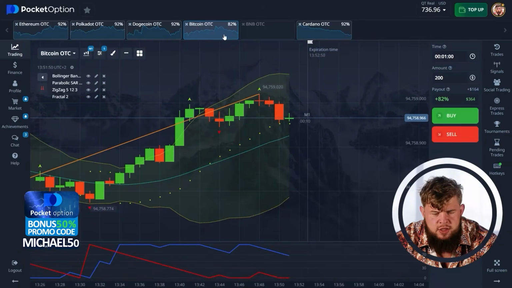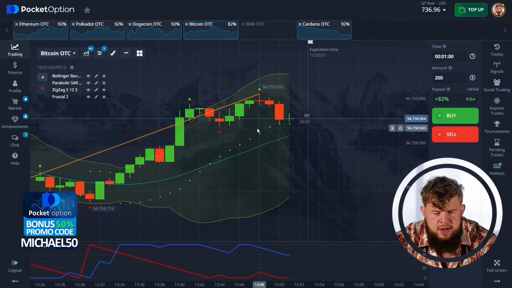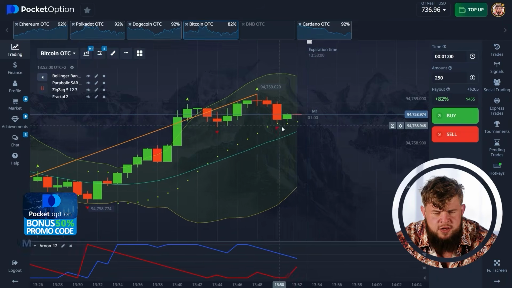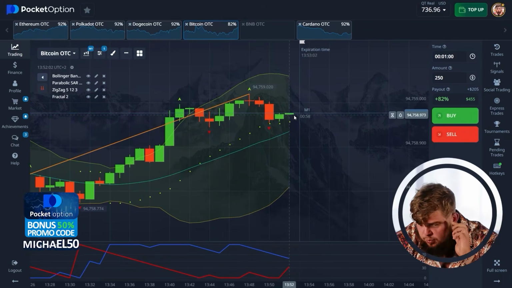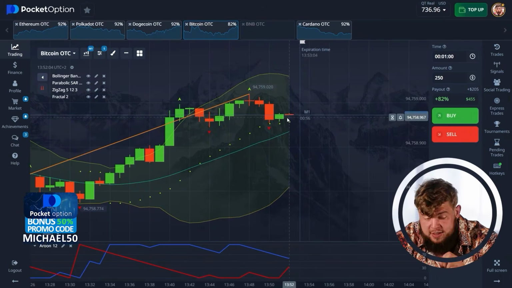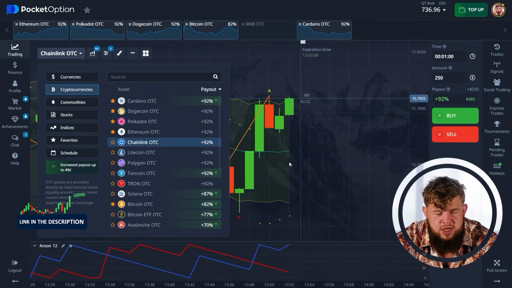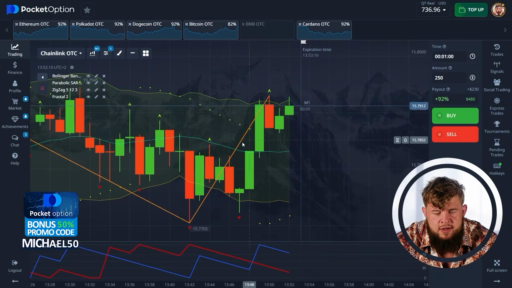Let's check the Bitcoin chart. So here we are staying on the middle line of the Bollinger Bands channel. This is also the support line zone of the Parabolic Star. We're highly likely to receive a pullback reaction from this zone. So let's help the price, I think. Or let's better choose the Chainlink chart.